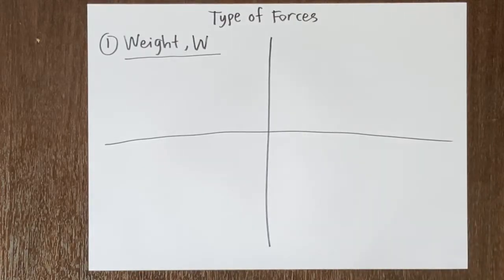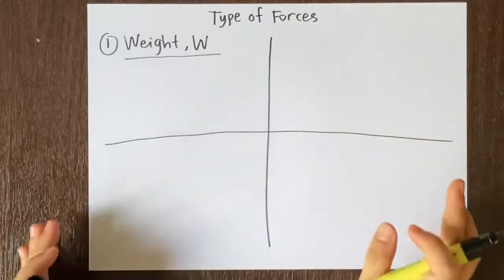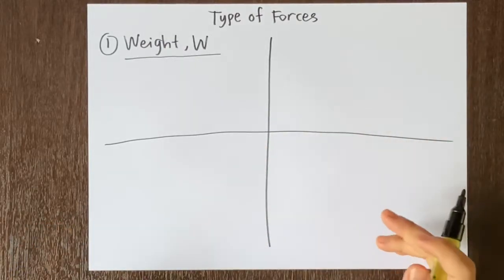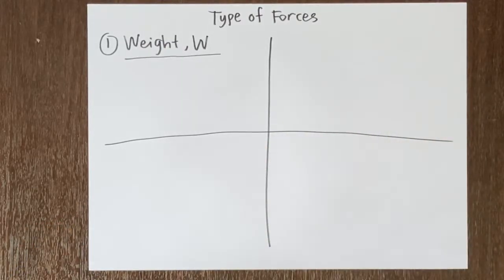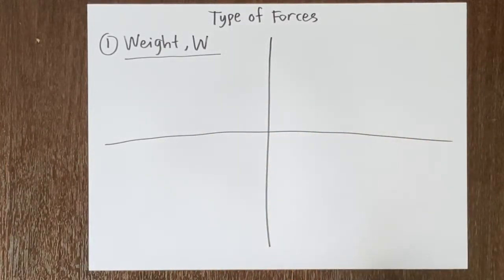You have to know how to draw forces on the object itself and the direction of the forces, because it's important when we go to applications that mix all the forces in one application.